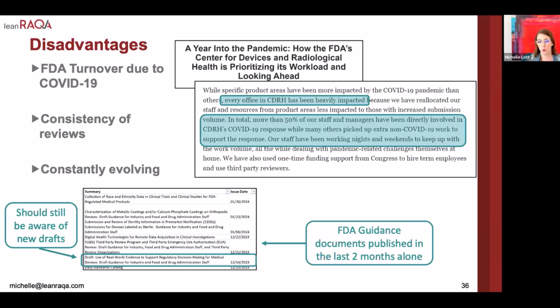And all that's true, but again, these reflect FDA's current thinking. And if you're not aware of what they're thinking, you're not going to know how to respond to it, and you're going to be caught off guard with your additional information requests.